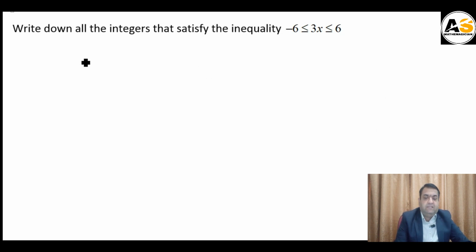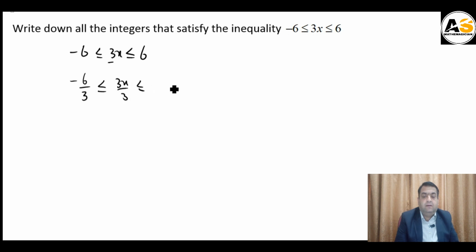A bit different question. Write down all integers that satisfy this inequality. Minus 6 is less than or equal to 3x is less than or equal to 6. What is this 3? The coefficient of x. We will divide the inequality by 3. Division by a positive number does not change the inequality.